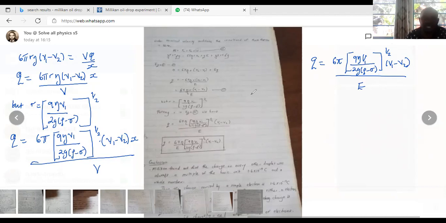Why? Because the electric field intensity, remember, is V over X. So when you have X up and V down, it means you have divided by the electric field intensity.